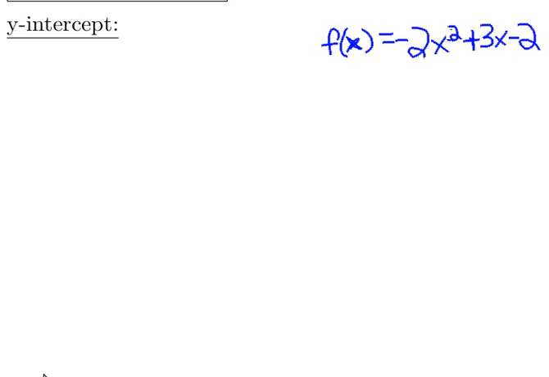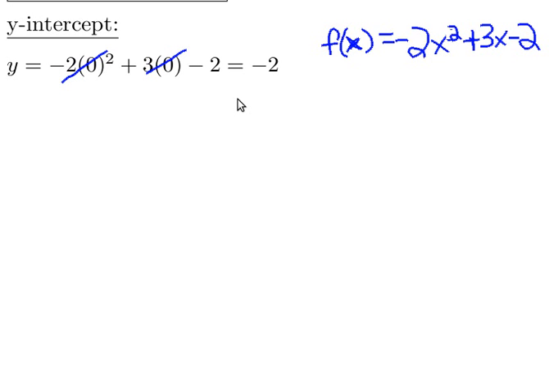So that means we're going to have y equals negative 2 times 0 squared plus 3 times 0 minus 2. We already know that our x is going to be 0, and our y is going to equal minus 2, because you're multiplying by 0.